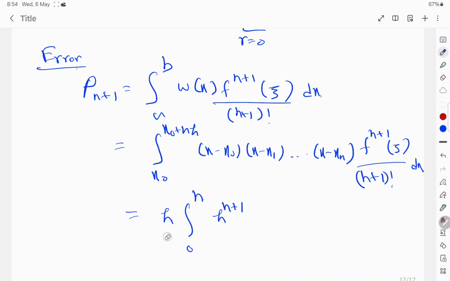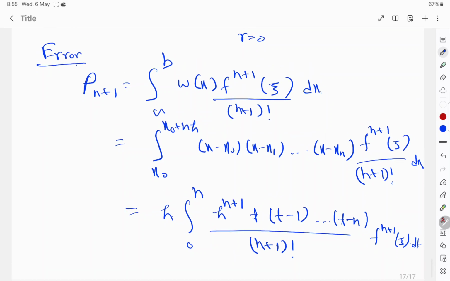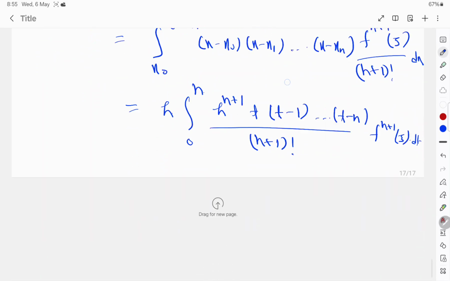This h is coming from dx equal to h dt. From there, t into t minus 1 dot dot t minus n divided by n plus 1 factorial and f^(n+1)(chi) dt. So this is the form.